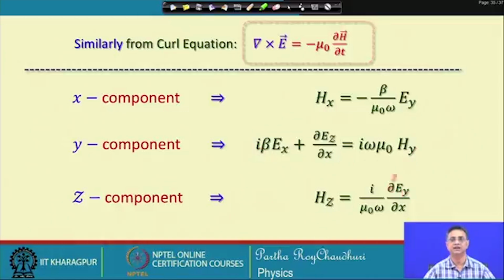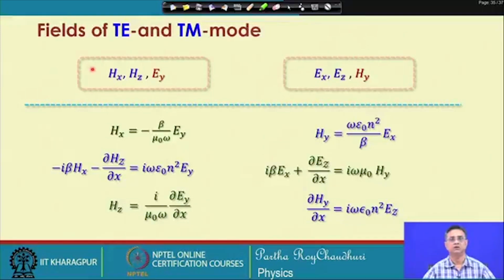So, these are again a set of three equations obtained from the curl equation, del cross E. So, for TE modes you have H x, H z, E y. We have seen that, because in the case of TE mode you have an electric field which is tangential, but this will also associate itself with H x and H z.